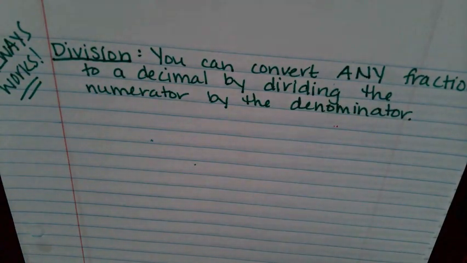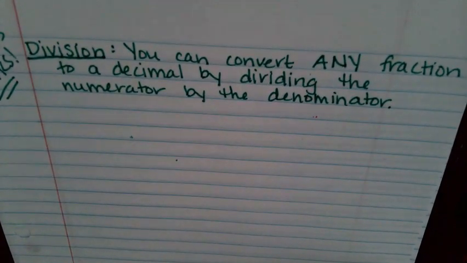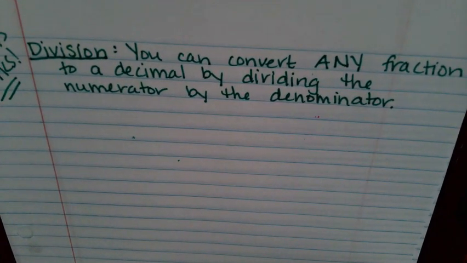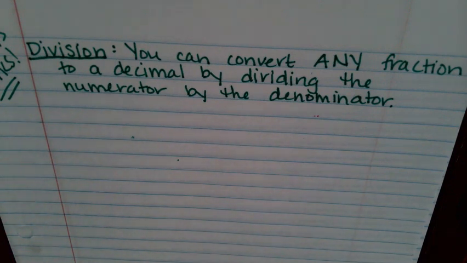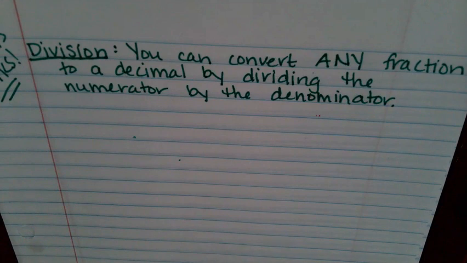Okay, so you can convert any fraction to a decimal by dividing the numerator by the denominator. Okay, so this is when you're looking at a fraction that looks a little messier.